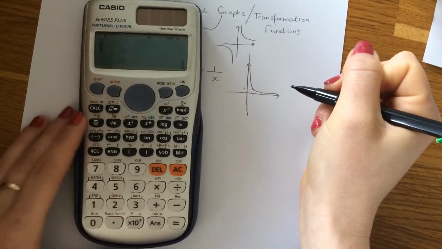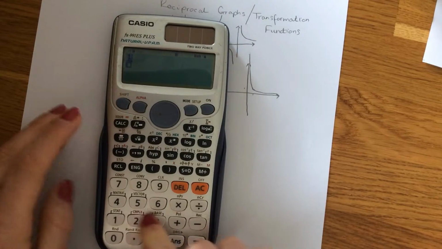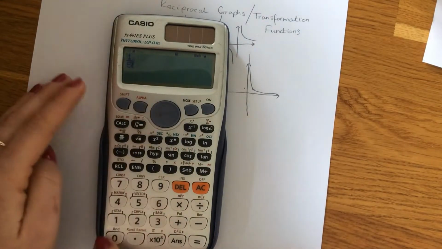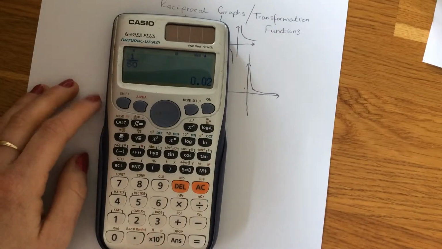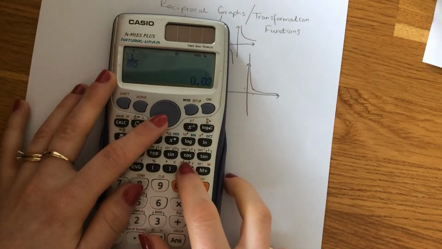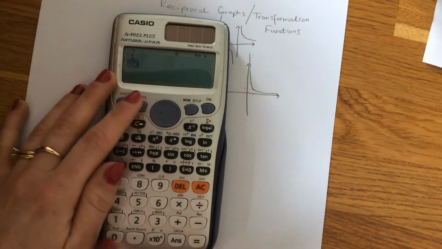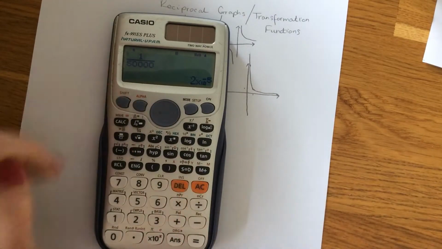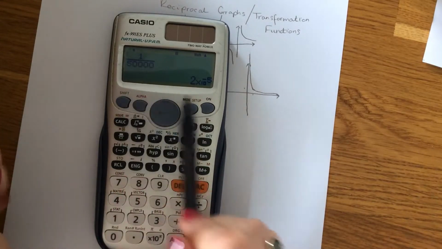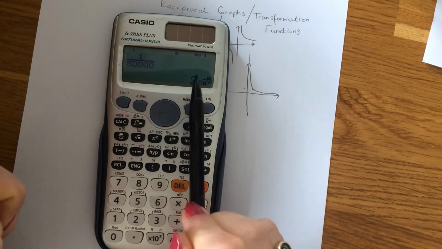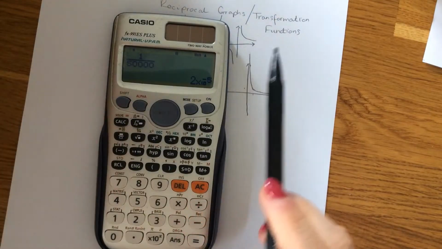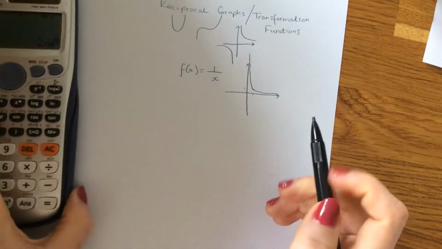So the bigger you get with x values, 1 over 5 is quite small, 1 over 50 is small again. Okay, and we're getting smaller and smaller and smaller the larger the x value. So that's 0.00002, I think. Okay, so really, really small.